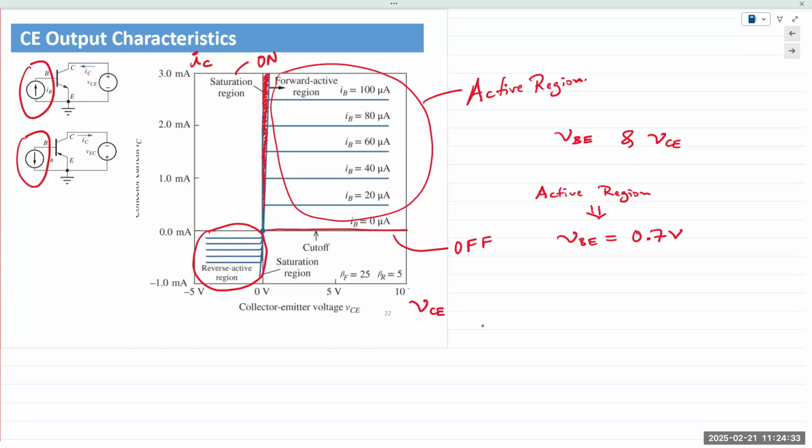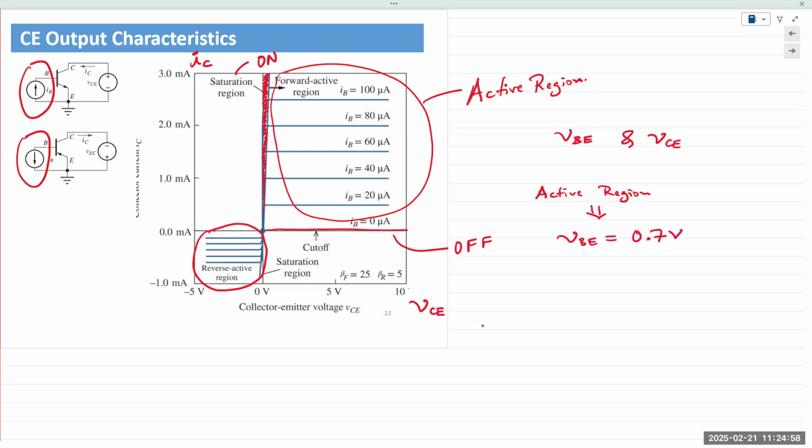But with VBE, one of the things is that the change in VBE would be very, very small. For IB, we can show 0 microamps, 10 microamps, 15 microamps. Again, it's a small change. But IB comes from the fact that we are applying some sort of biasing voltage at the base. So we can model it both ways.